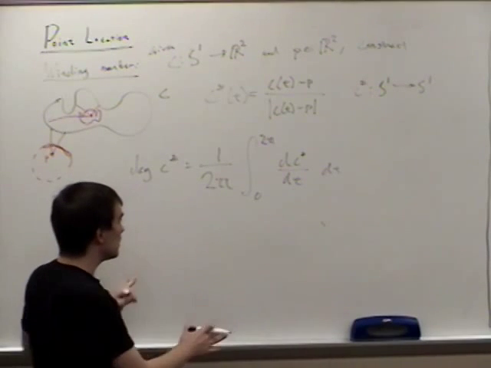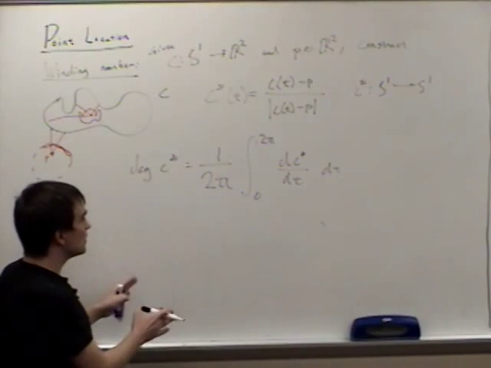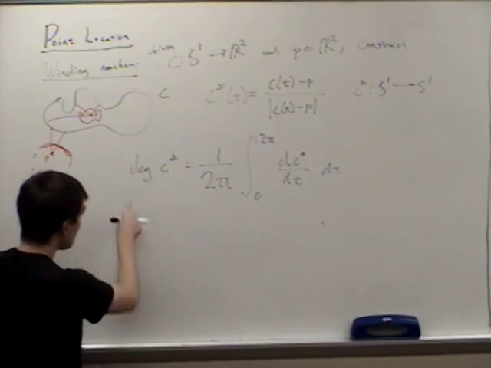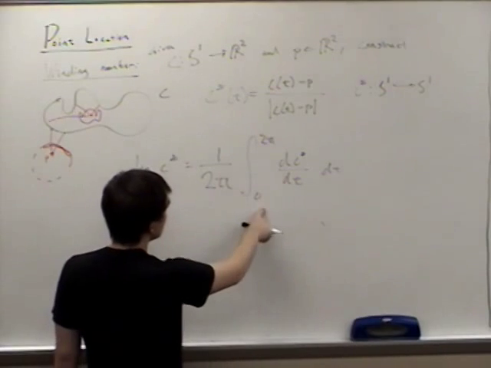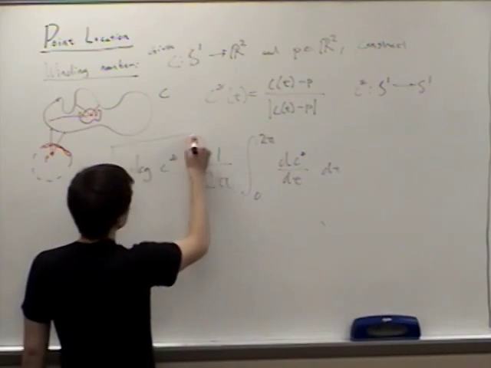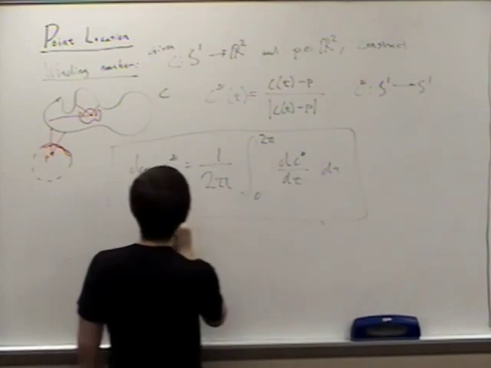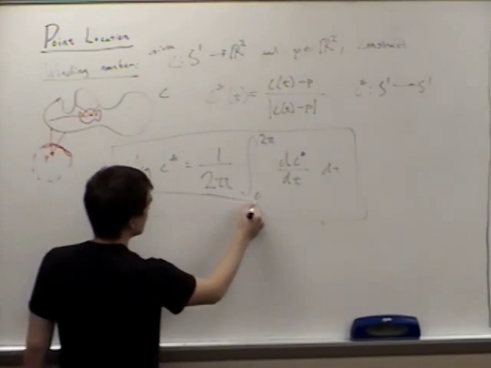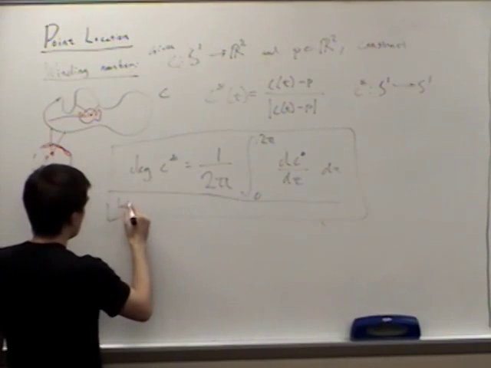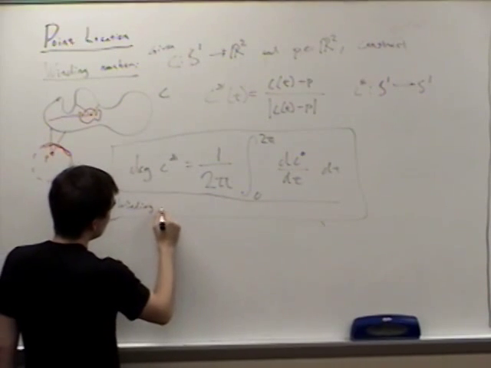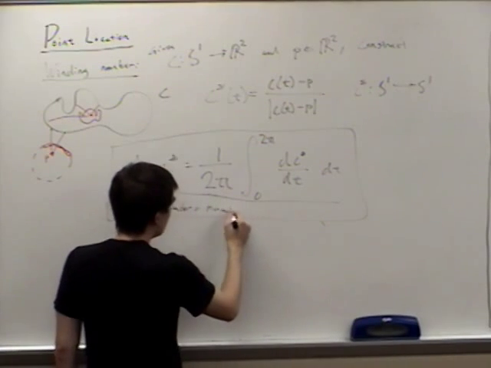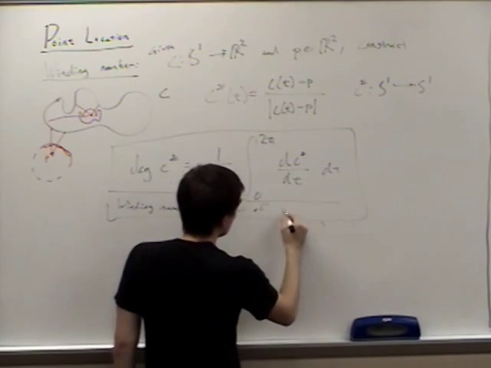When we're all done, it will be some integer multiple of 2 pi that we've wrapped around the circle. So this is an integer which counts the number of wraps, also called the winding number.